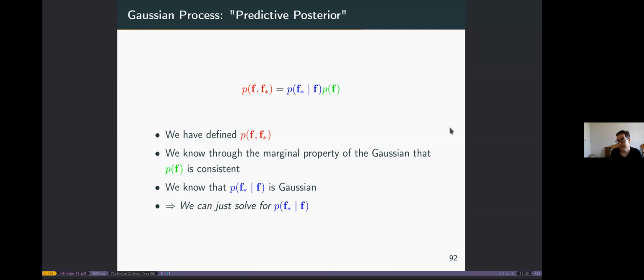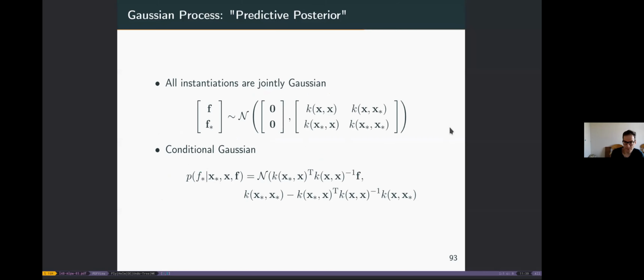You did this in the worksheet for a two-dimensional case. Effectively, we've specified this big Gaussian distribution. Now you just solve for the conditional, and that's going to look exactly like this.